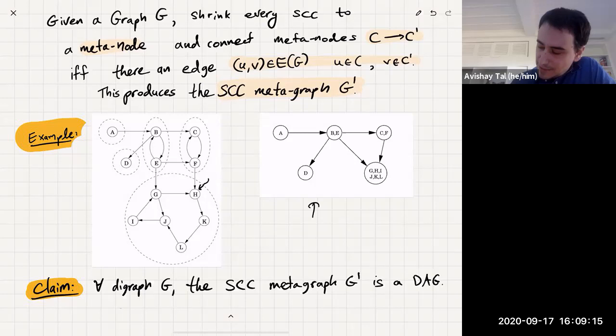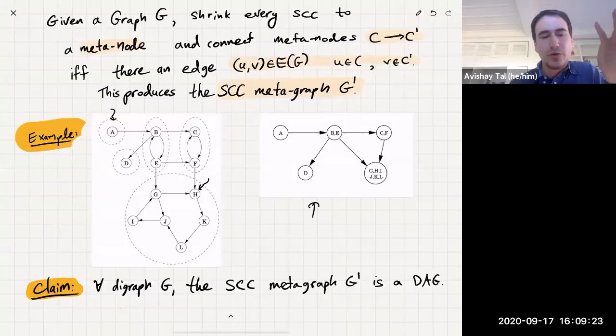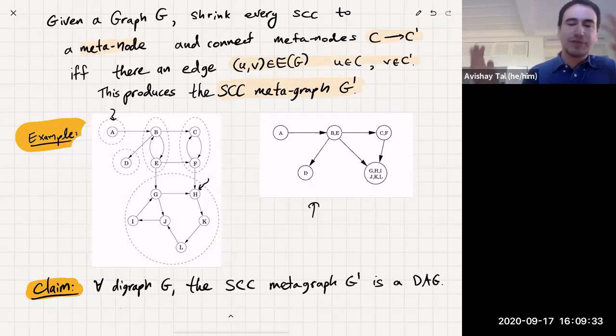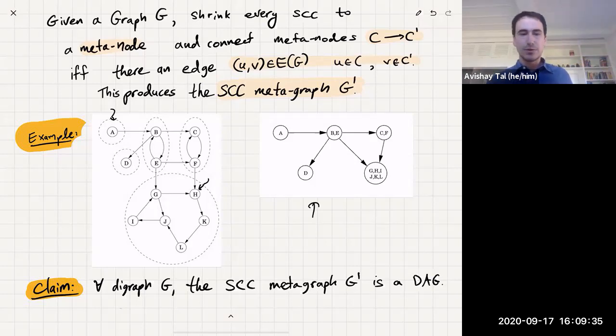Okay, let's ask another question. What will happen if we run DFS from A, let's say? Then we'll just reveal everything in the graph. So when we do DFS from A, what we reveal is not inside the same strongly connected component. It's everything. So actually, a DFS from A is not so good for us.